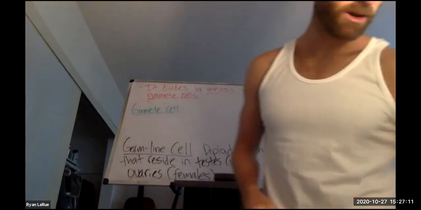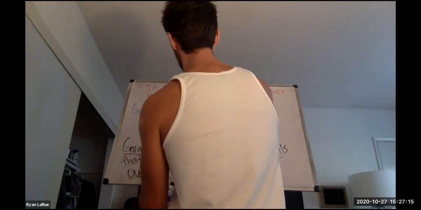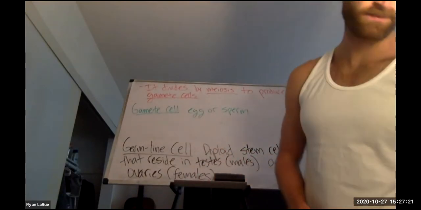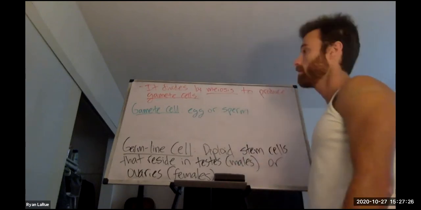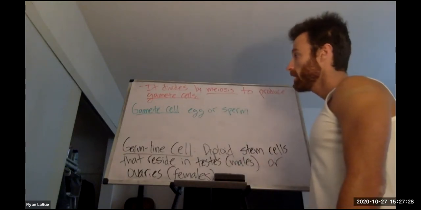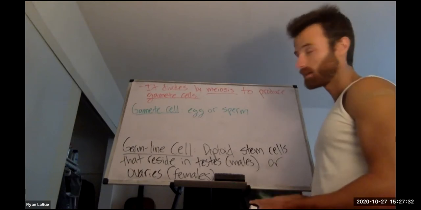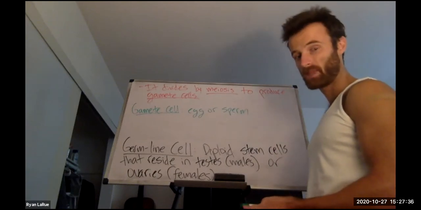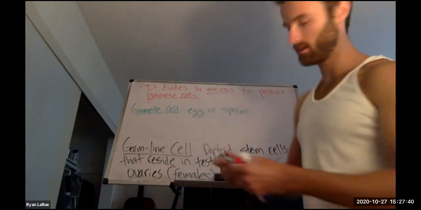And I mentioned it, but our gamete cells, it's just the fancy word for eggs or sperm. Depending if you're male or female, you're producing eggs or sperm cells. And the interesting thing about eggs and sperm cells is they're not diploid, like the germline cells and somatic cells. They're actually haploid, another new word.